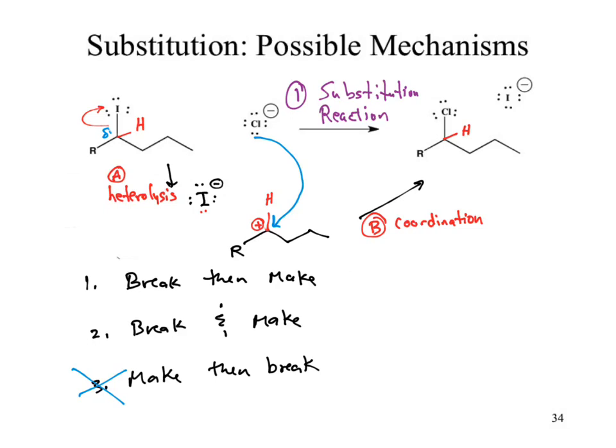No. No, that is a heterolysis mechanism. That's not a coordination reaction, that's a coordination mechanism. If I take a heterolysis mechanism, follow it with a coordination mechanism, I get a substitution reaction.